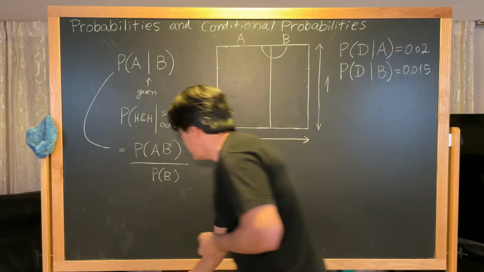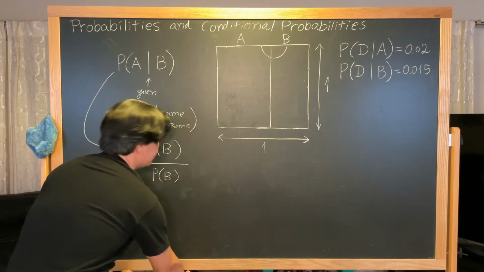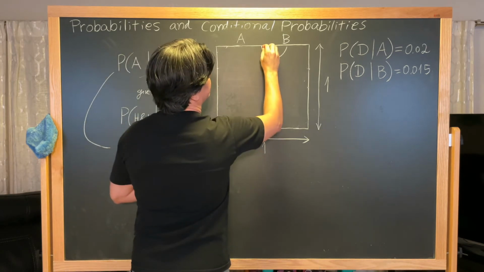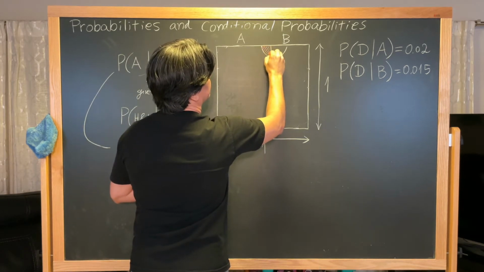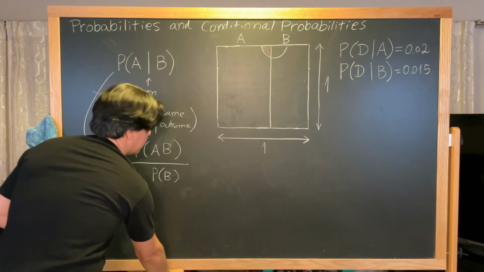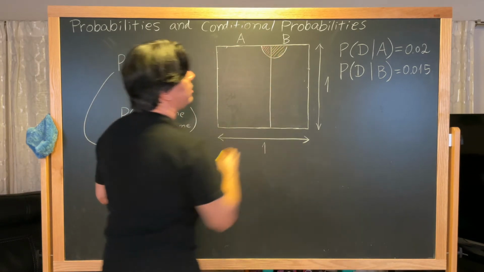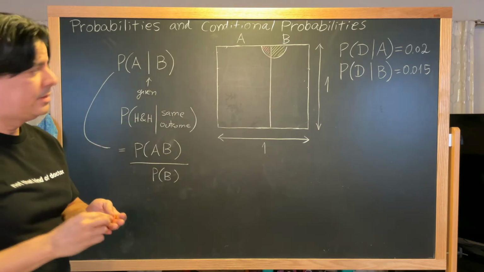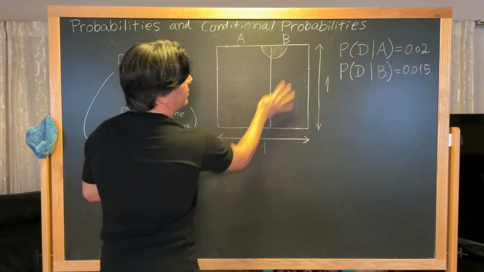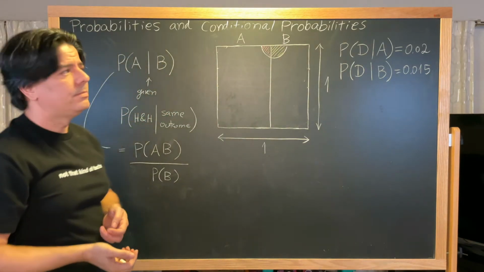And then I can say the things inside, the colored area, be it red or yellow, are defective. And the ones outside are not.